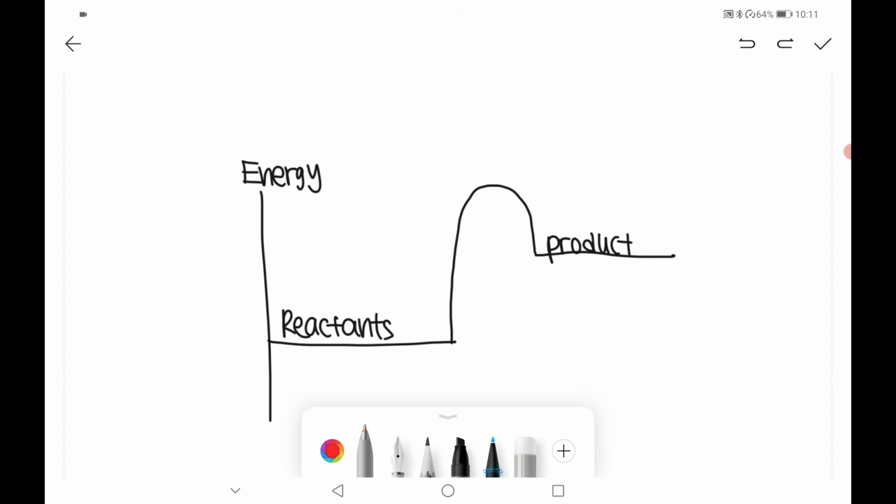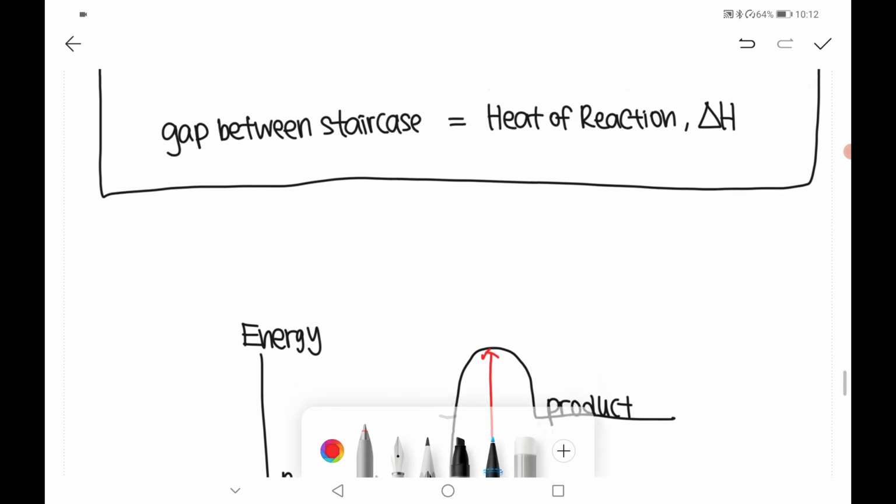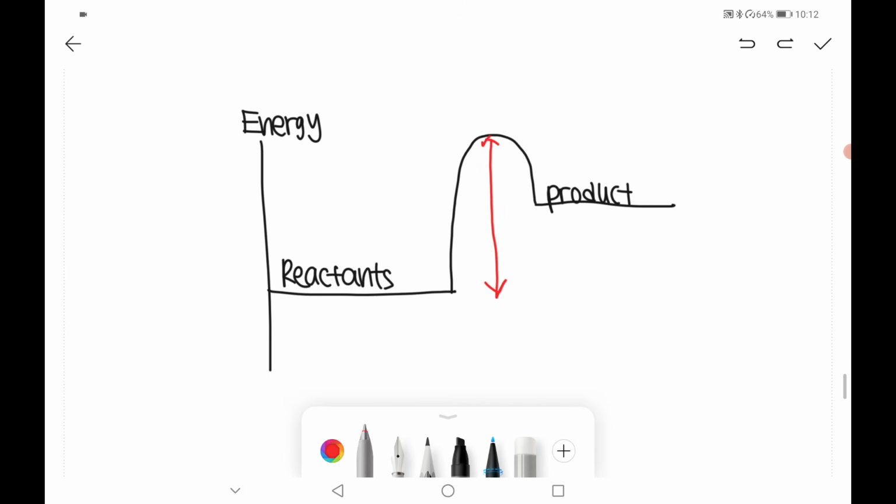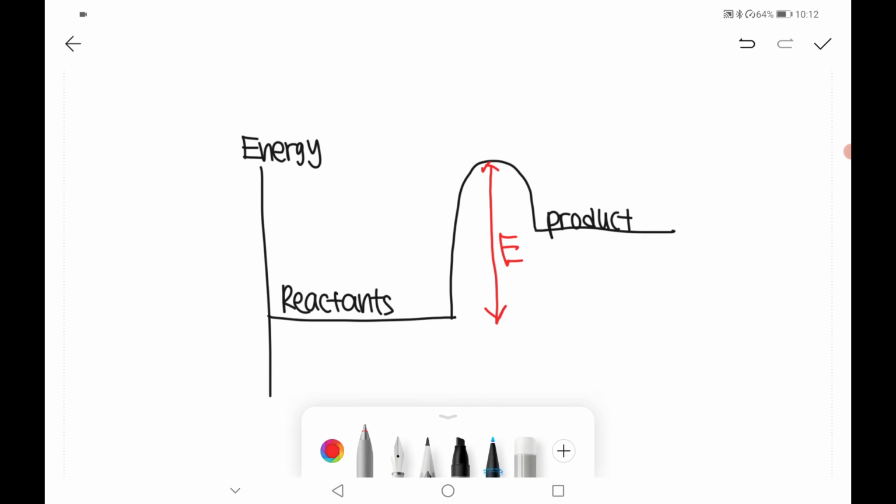The gap between the reactant and the peak is the activation energy. The symbol is EA: E stands for energy, A stands for activation.